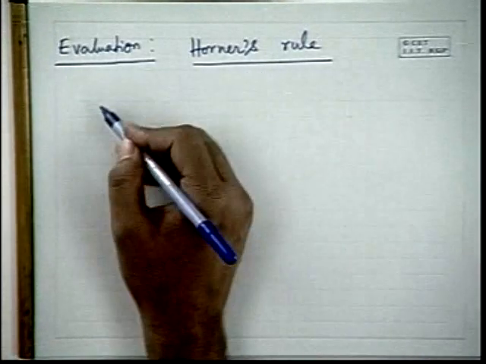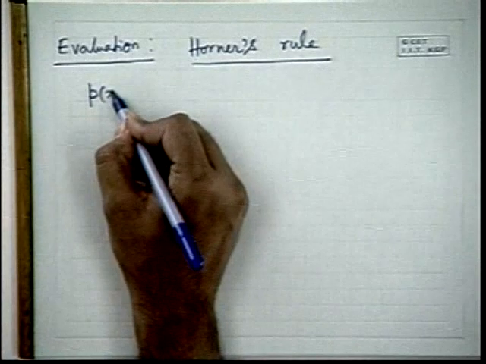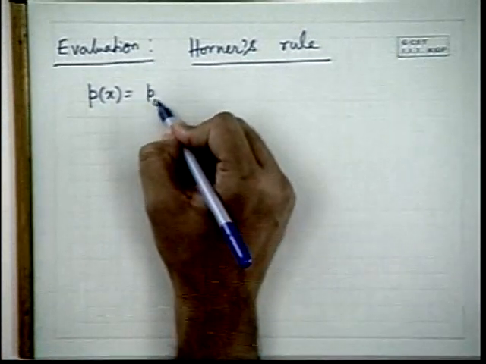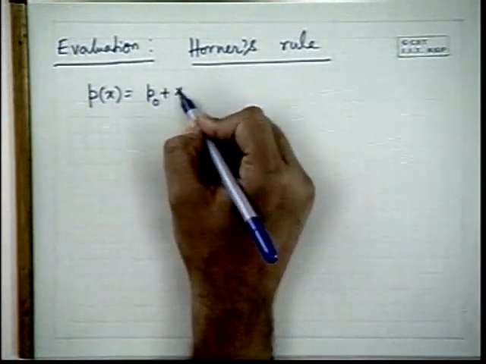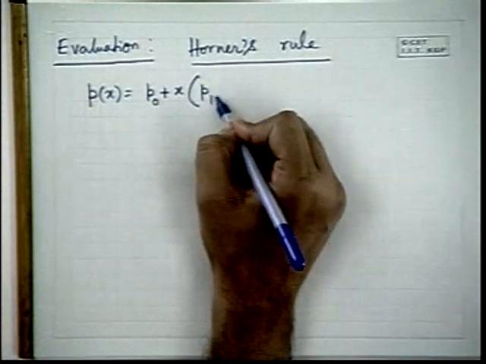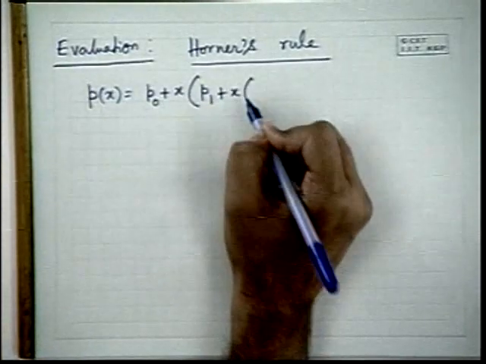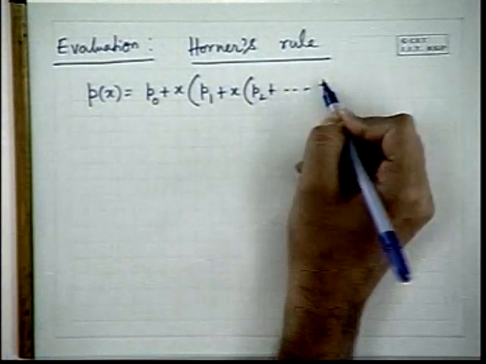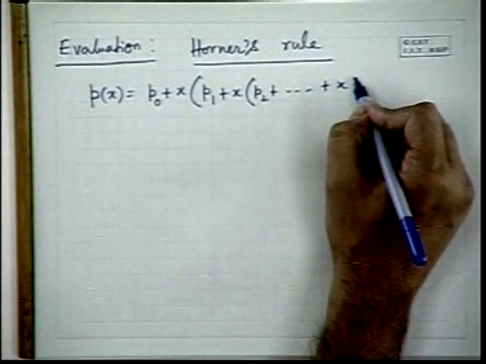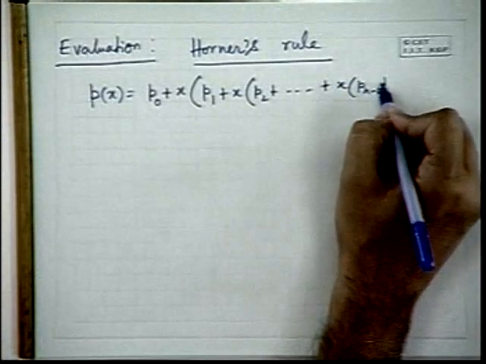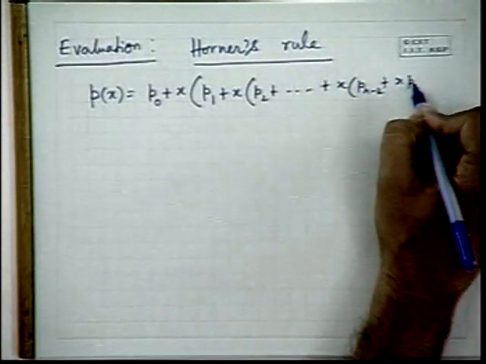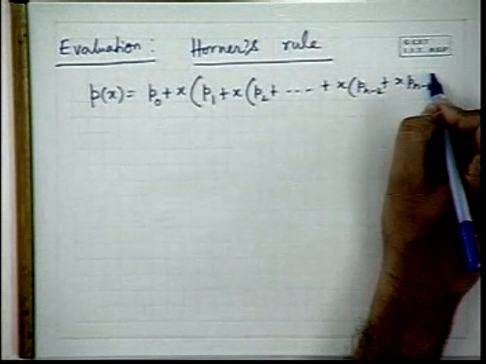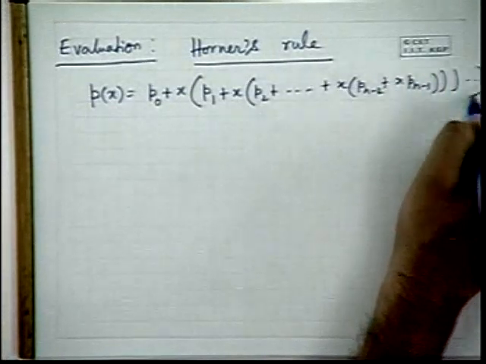So how would you evaluate? p of x, you can write as p0 plus x, then you bracket p1 plus x, you bracket p2 plus, and it goes on like this, then the last one pn minus 2 plus x times pn minus 1, then you close all these brackets.